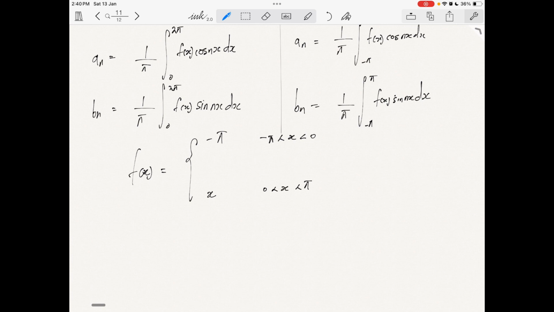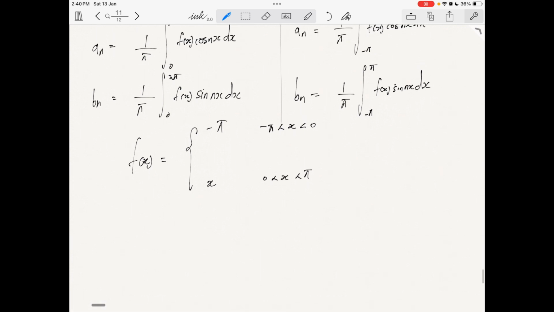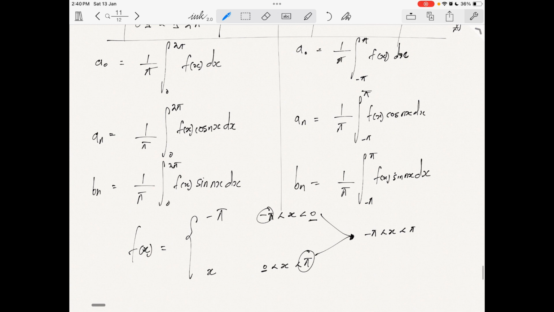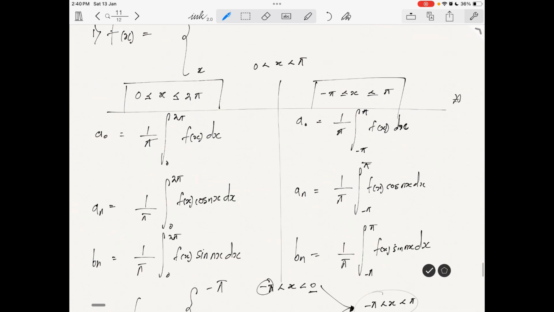Now we can see this is a form of discontinuous function. It starts from minus pi to 0, and from 0 it ends at pi. So in effect, these two combined together give minus pi less than x less than pi, and we can see that this is the same as this.